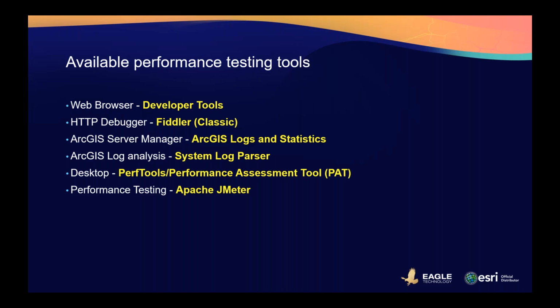And then you have the Apache JMeter, which is really our go-to tool of choice here for performance testing, and we use it quite a bit. And this is primarily what I'll be showing from here on out. So what is JMeter?